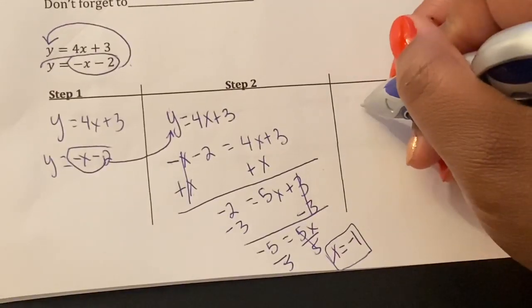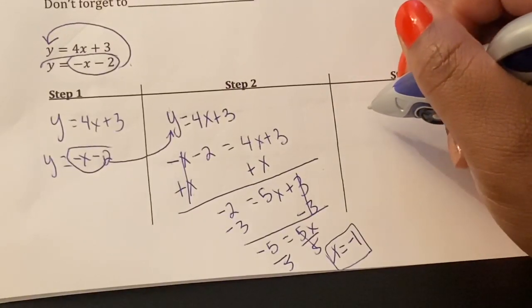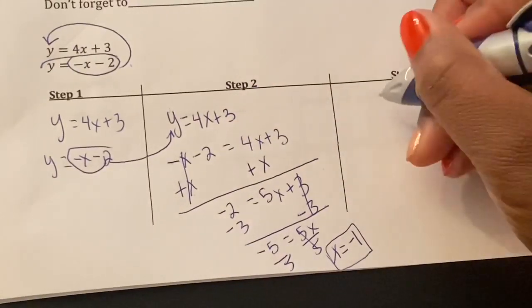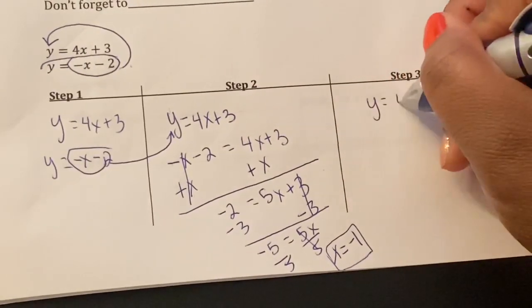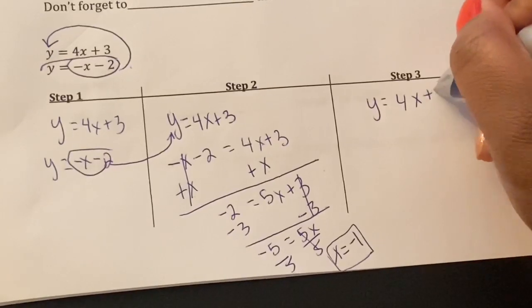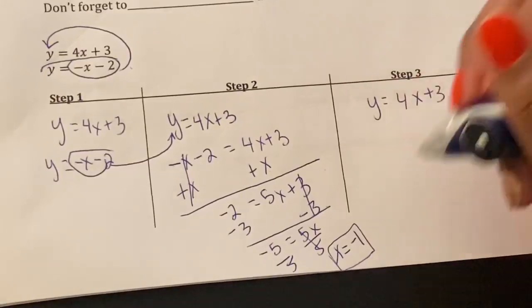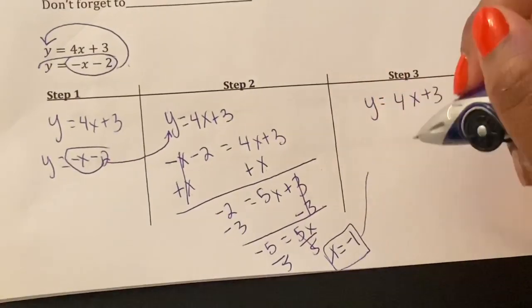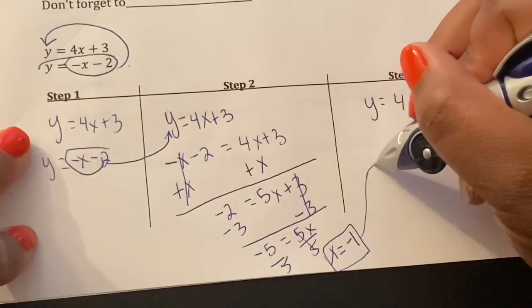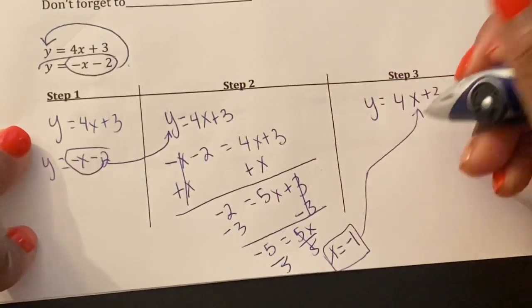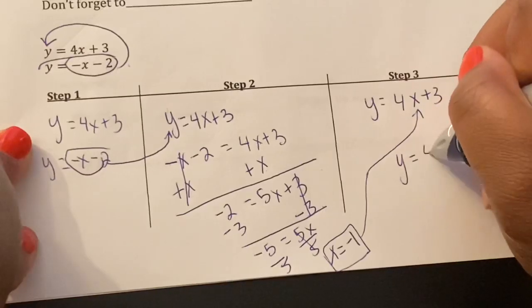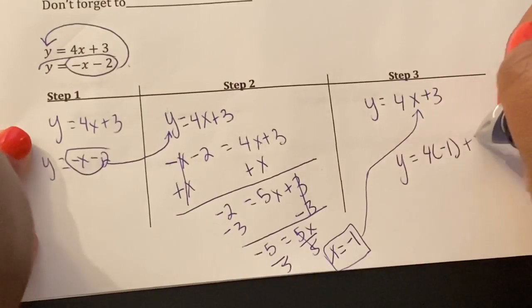I'm going to choose the first one. So I have y equals 4x plus 3. Now I'm going to take this x and plug it in here. So I get y equals 4 times negative 1 plus 3.